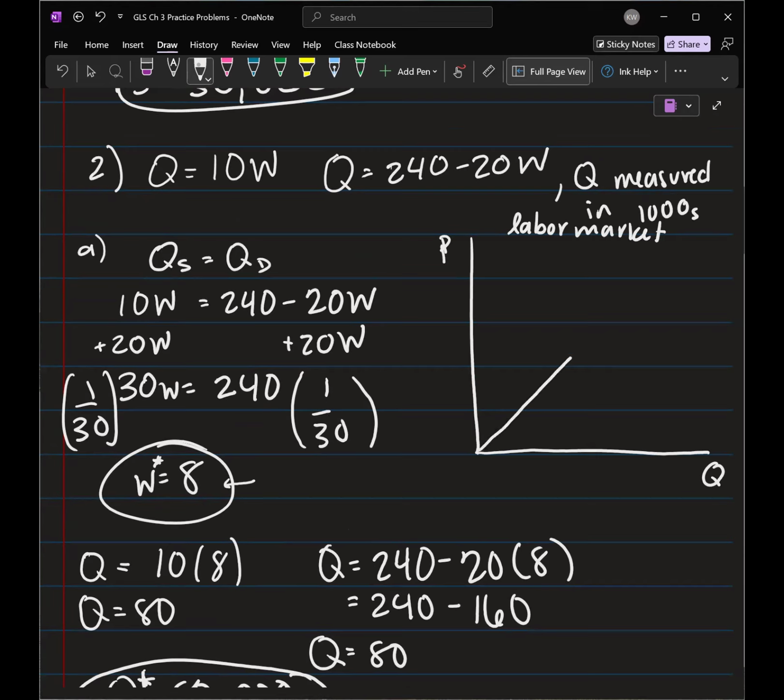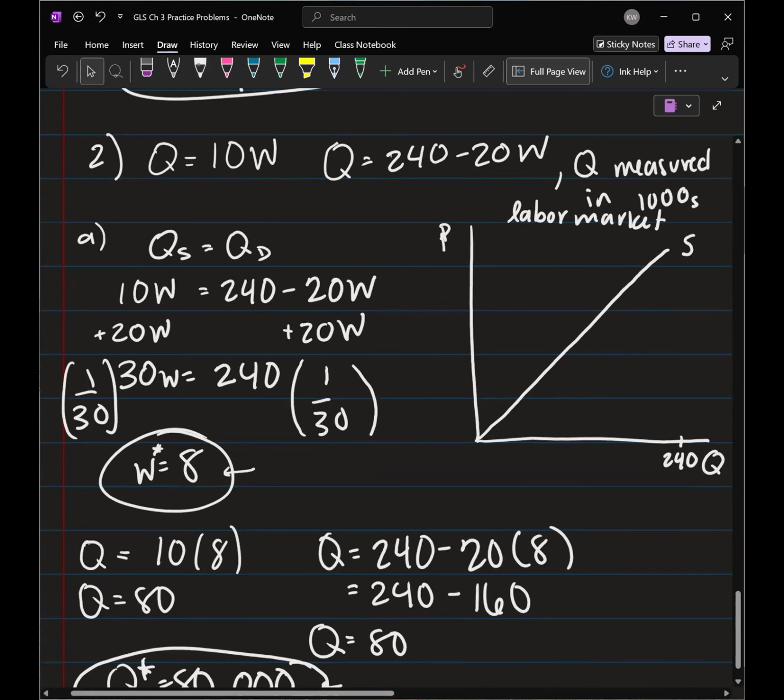The intercept for supply is in the origin, so we can go ahead and draw that in. When the wage is 0, the number of hours worked will be 240,000, so we can draw that in on our quantity axis.